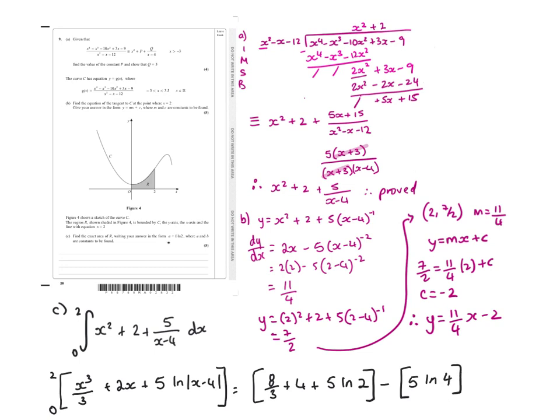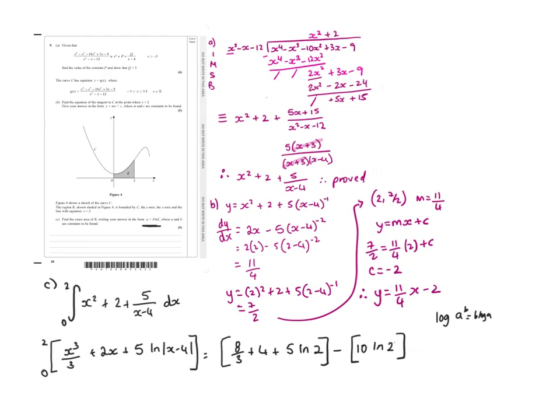Now, the question clearly states we want it in ln 2. Lucky for us, with ln 4, we know that 4 can be rewritten as 2 squared. Using log laws, remember the log law, log A to the B equals B log A. So that means that this is actually 2 lots of ln 2, and 5 lots of 2 lots of ln 2 is in fact 10 ln 2.